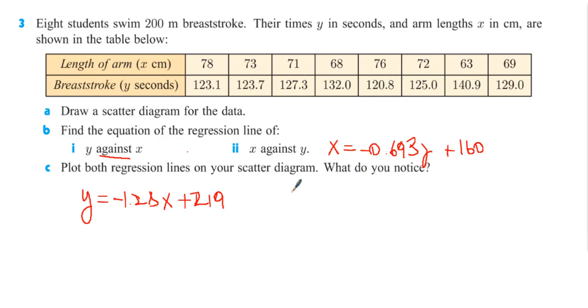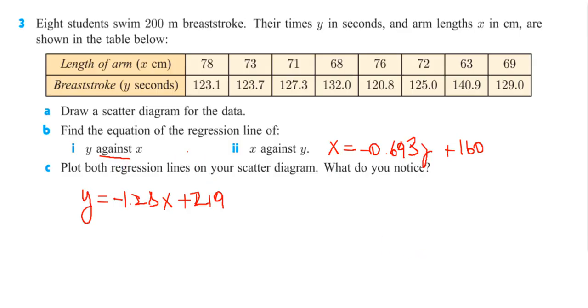So here we have two equations of the regression line. The first is y against x, and the second is x against y. In the question they may ask you to use either of them, or you should decide which one is best to use. And the last part: plot both regression lines on your scatter diagram.